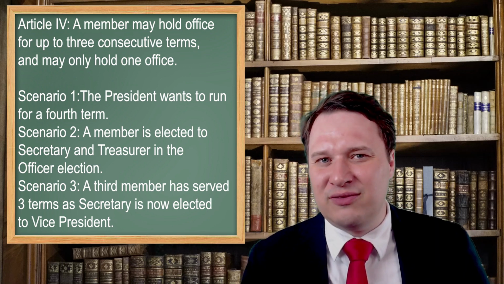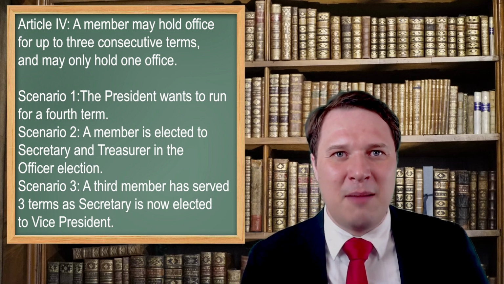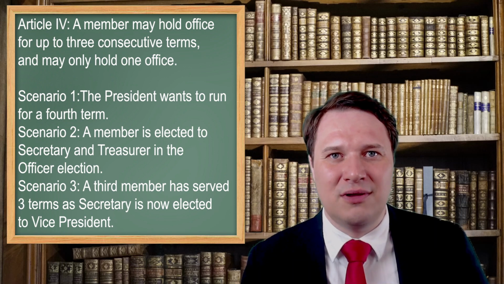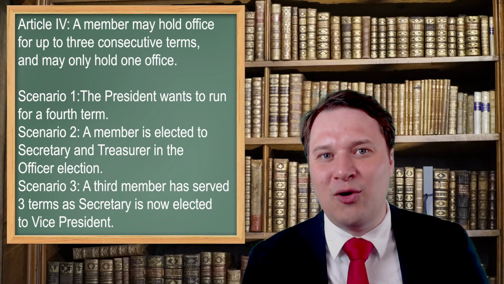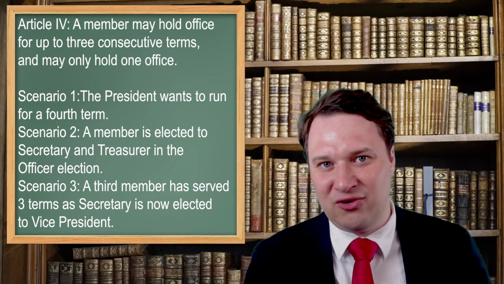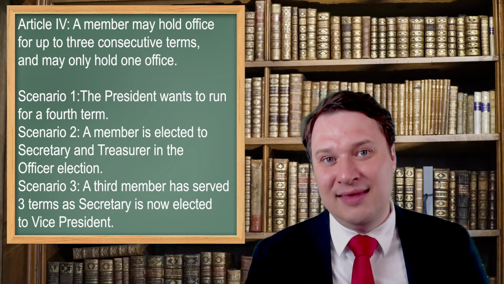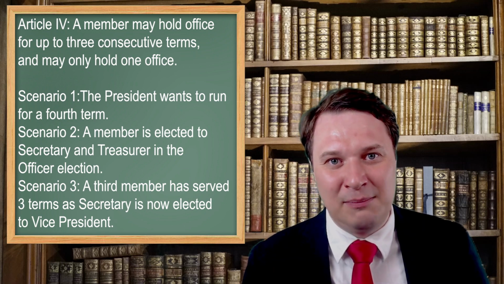I would argue that this is still a violation because read the bylaws carefully. It says a member may hold office for up to 3 consecutive terms. Office. They may hold office. Notice it doesn't say they may hold the same office. They may hold office for 3 consecutive terms. So in my opinion, even this person has now exceeded the limitation that was placed in the bylaws.